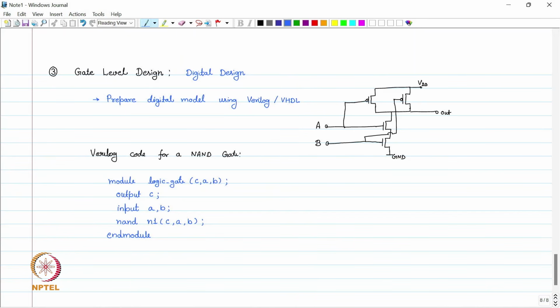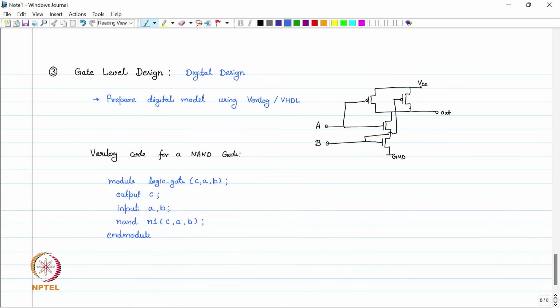So this is a small code for representing a NAND gate, where we start using the term module, logic gate C, A and B, where we define all the input and output ports for a module. This NAND gate has three terminals, two inputs and one output, and the output we are calling C. So we have to define that using the output command, output C, and the input is A and B. Then we define the relation between input and output.